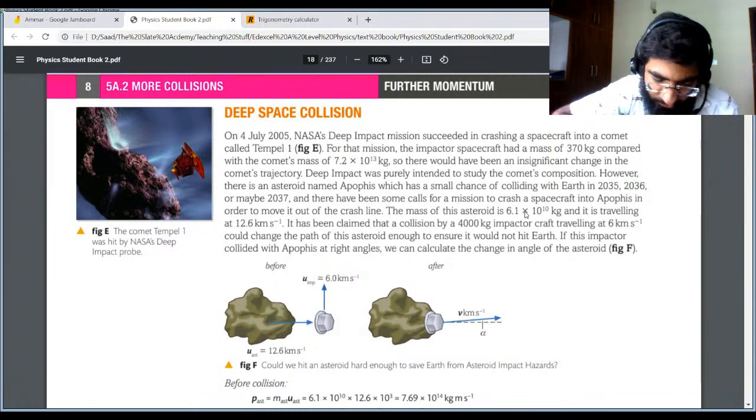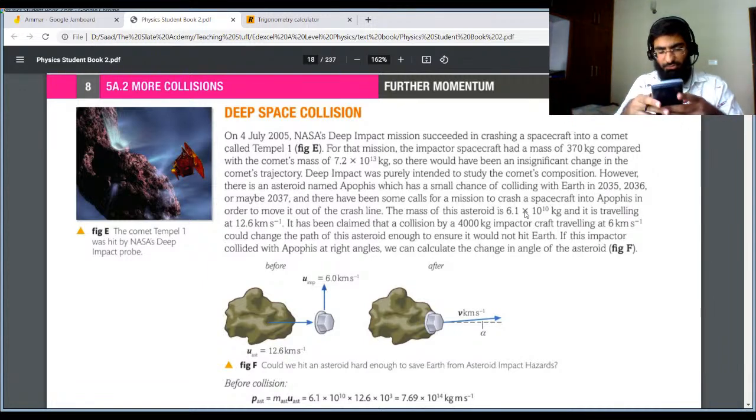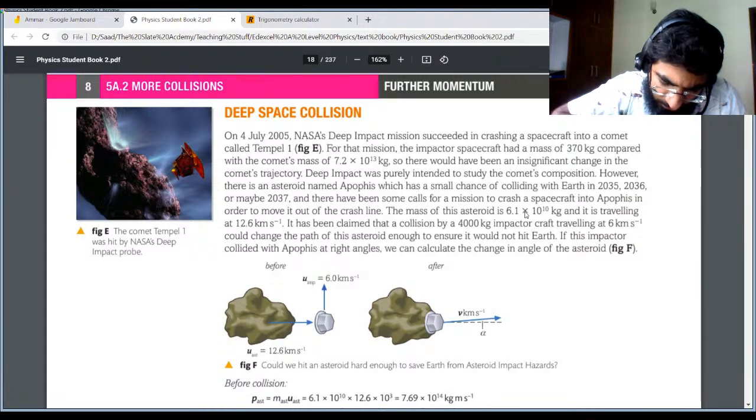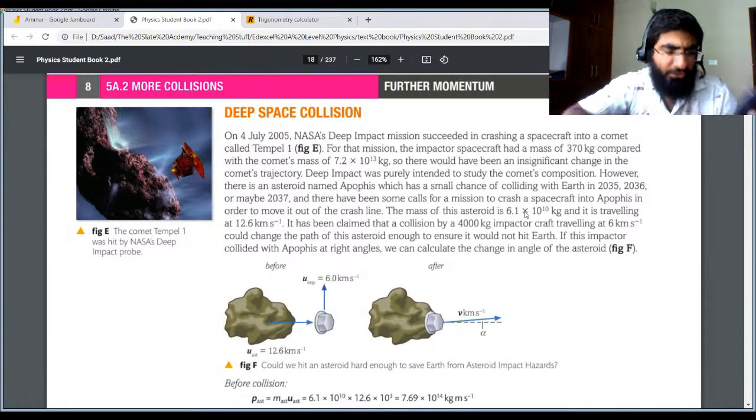What is it? 6.1 into 10 raised to the power 10 multiplied by 12.6 by 3.6. No, I did it wrong. 12.6 multiplied by 1000 divided by... oh wait, I did it right.